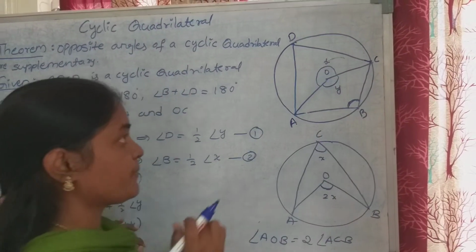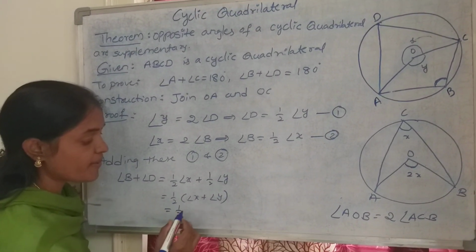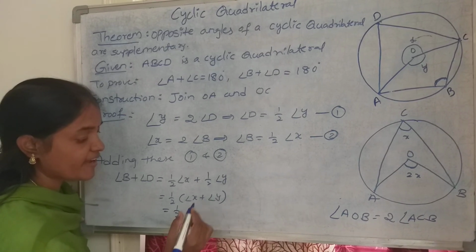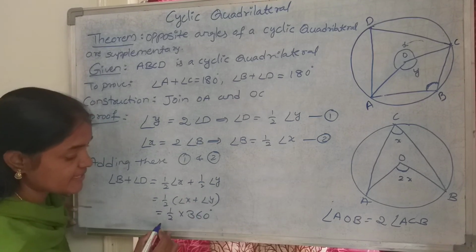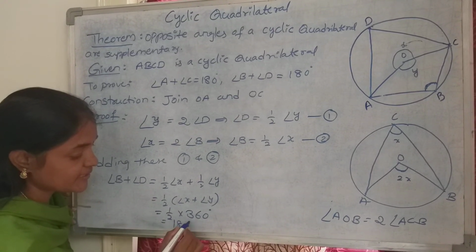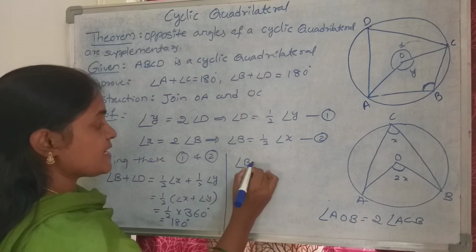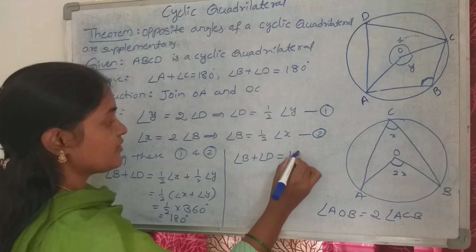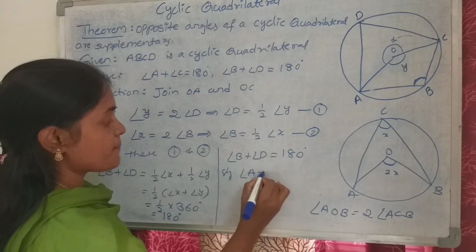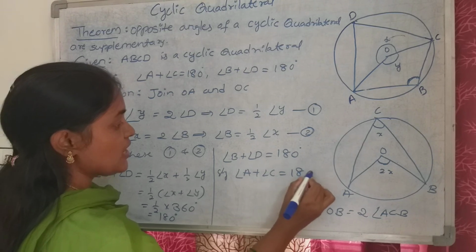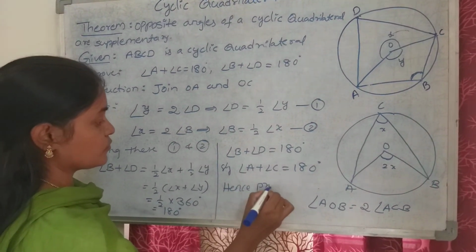So 1 by 2 into 360 degrees equals 180 degrees. Therefore, angle B plus angle D equals 180 degrees. Similarly, angle A plus angle C equals 180 degrees. Hence proved.